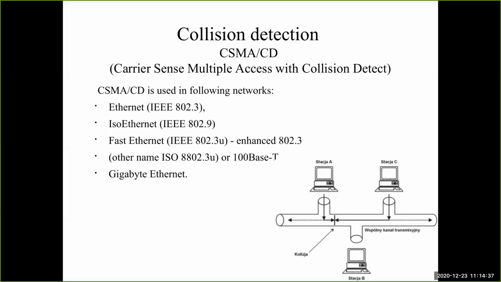So if we have a network of size 100 meters, it may happen quite often. So in this case, even if the medium is in idle state, it may happen that two nodes will start sending data at the same time.